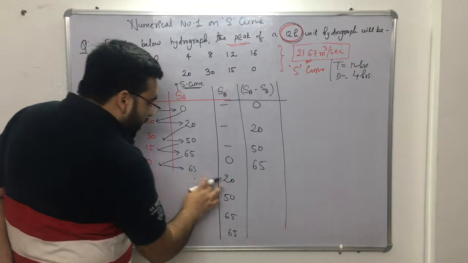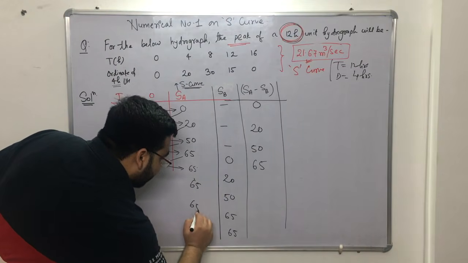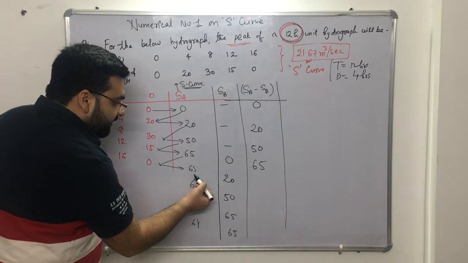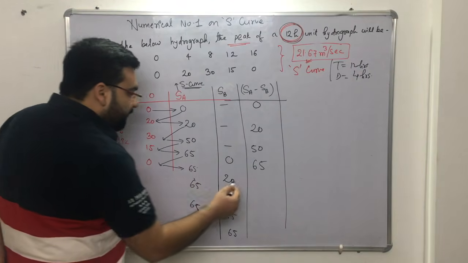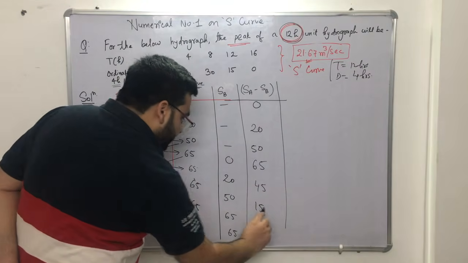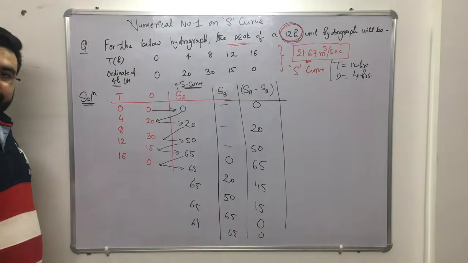Now it will be 65 again, 65, 65 and so on. Then SA minus SB is 65, then 45, then 15, and then 0, 0, 0, 0 and so on.